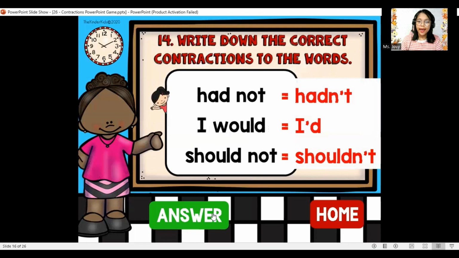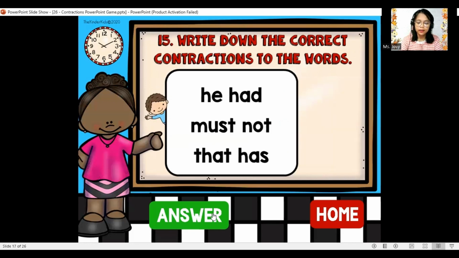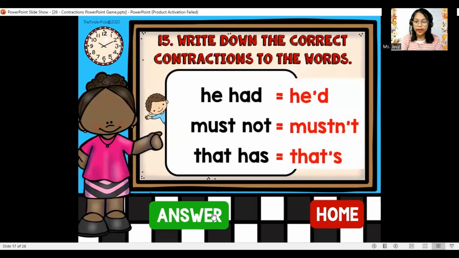That's correct. "Had not" for "hadn't," "I would" for "I'd," "should not" for "shouldn't." All right. "We had" for "we'd," "must not" for "mustn't," "that has" for "that's."